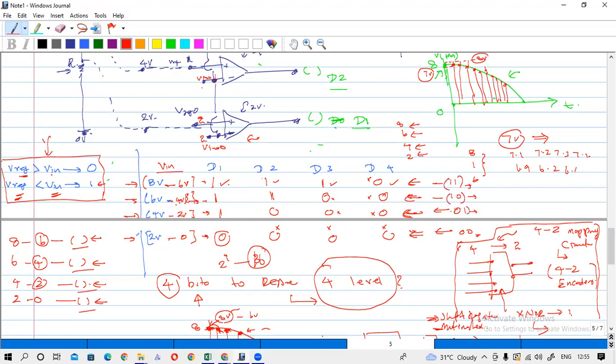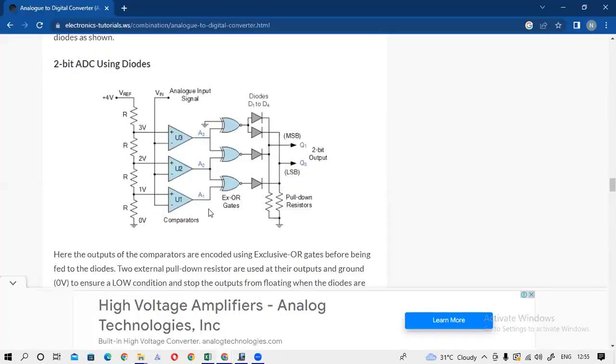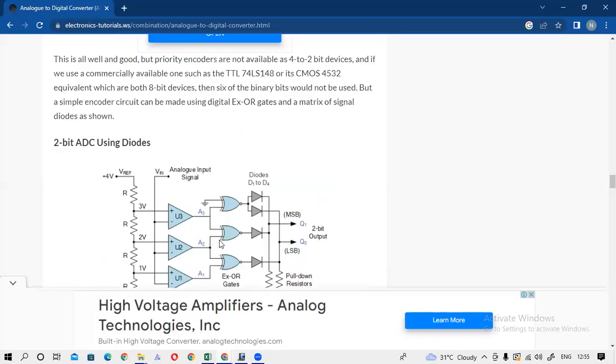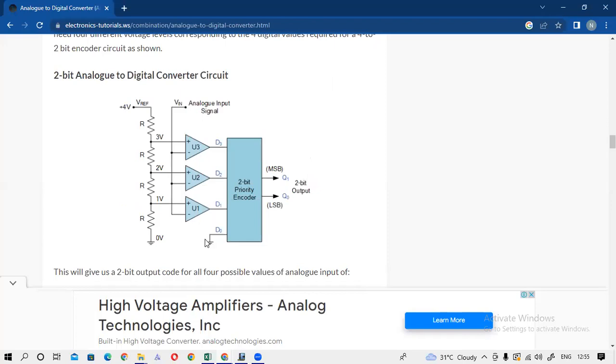So for the last value we need 0. It is already grounded in this circuit, so that will not affect the implementation. That is the thing you should understand.